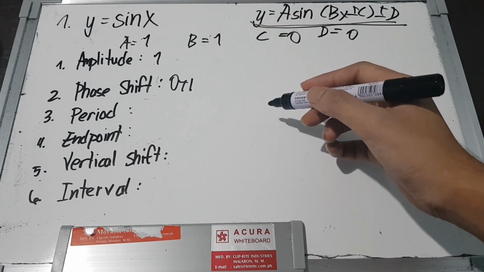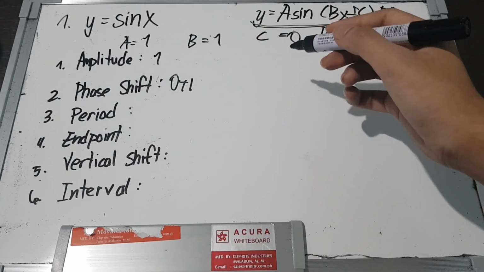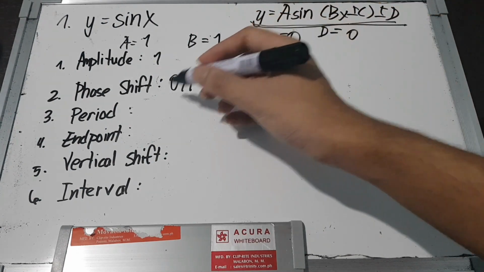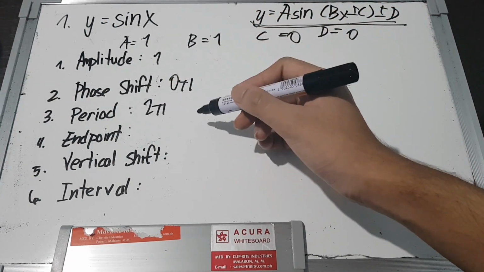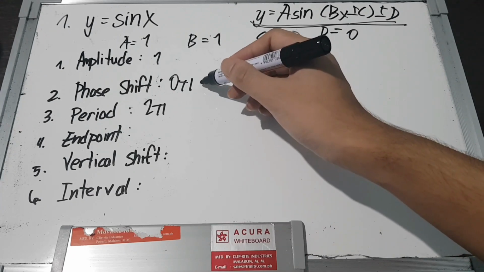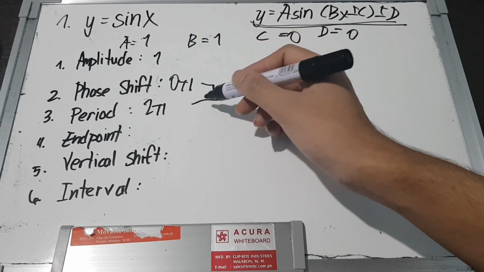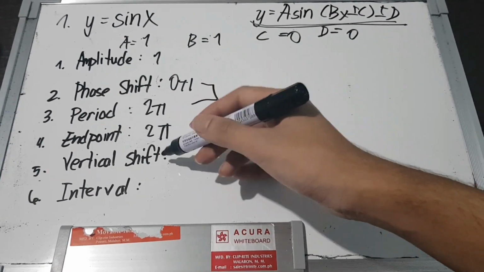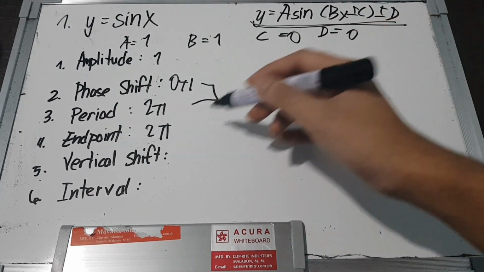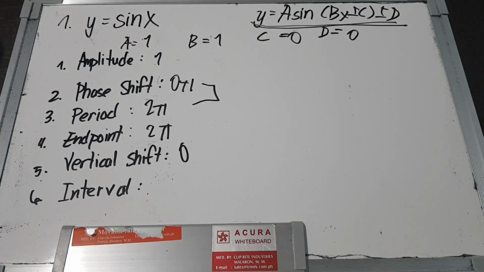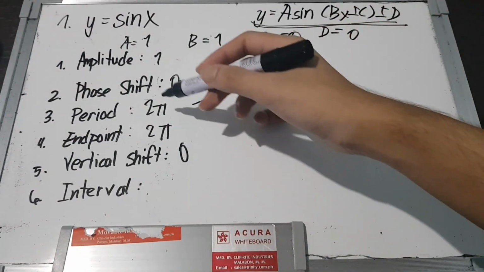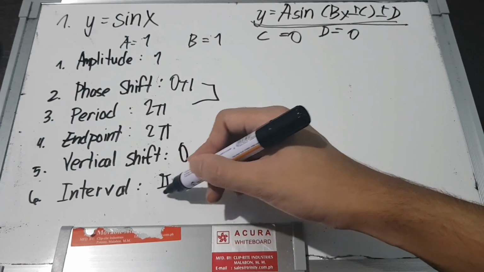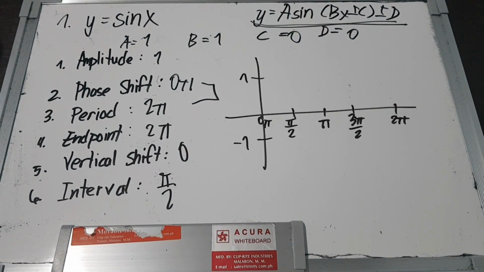Our period would be 2 pi over B. 2 times pi divided by B, which is 1, is 2 pi. Our endpoint is phase shift plus period. 0 pi plus 2 pi equals 2 pi. Our vertical shift is the value of D, which is 0. And the interval would be period over 4, which is 2 pi over 4, which is pi over 2.